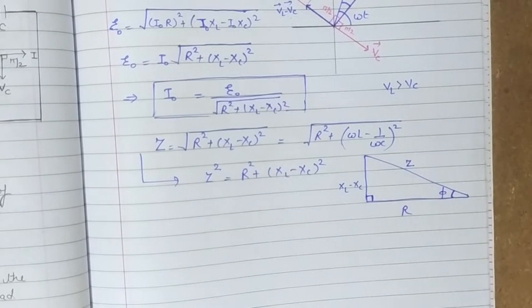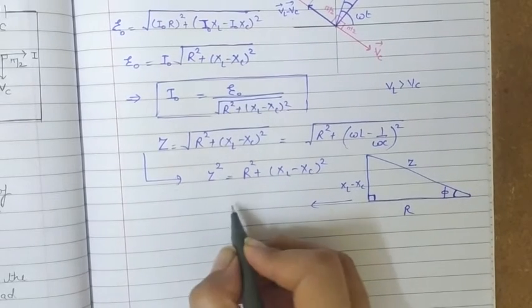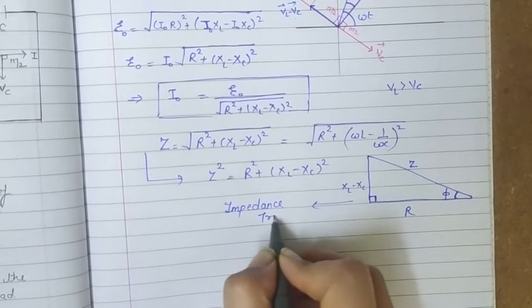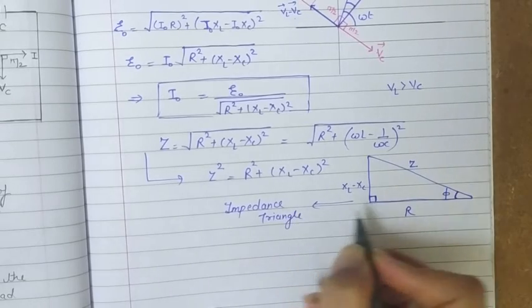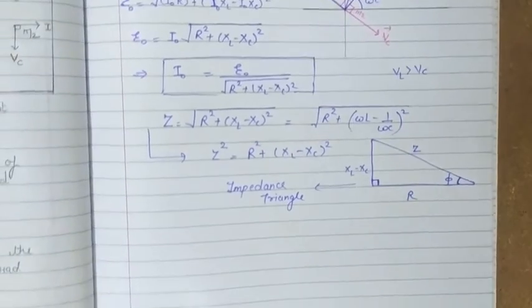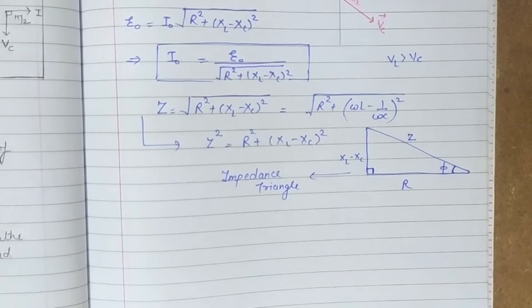So this triangle we call the impedance triangle. This impedance triangle shows the relationship between resistance, inductive reactance and capacitive reactance.